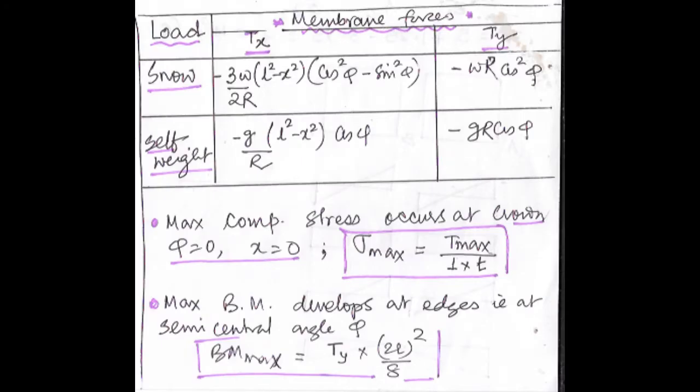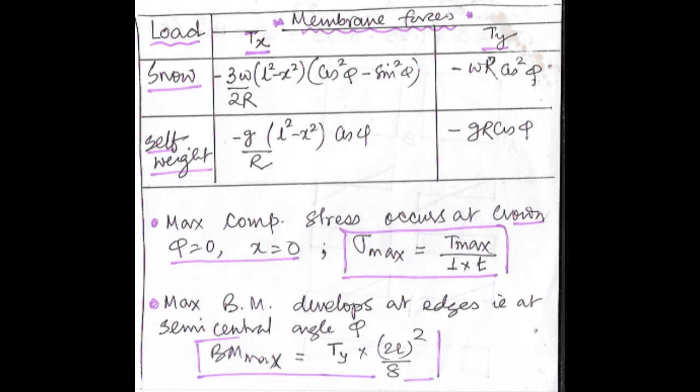Let us now note down the table. What Tx and Ty are, I have explained. Now there can be two types of load. One is the snow load and the second one is due to the self weight of the shell structure. So membrane forces, as I have shown earlier, Tx and Ty.